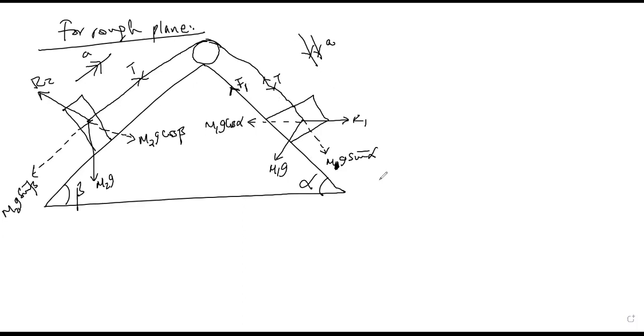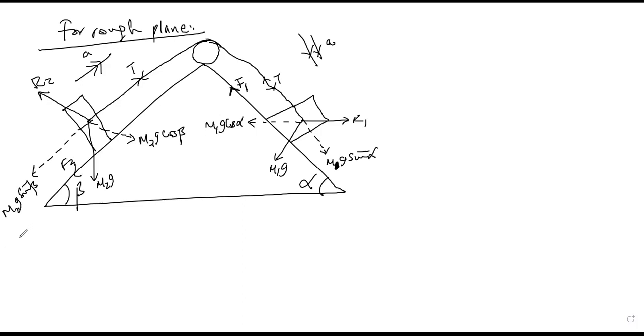Because this is moving downwards, the frictional force is upwards, but on the plane, not on the string. That force should be acting on the body of contact, that is the plane. Then this one is moving upwards, being pulled. Therefore, its frictional force, let me call it F2, will act in the opposite direction.